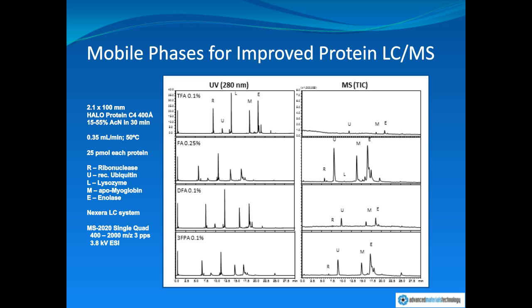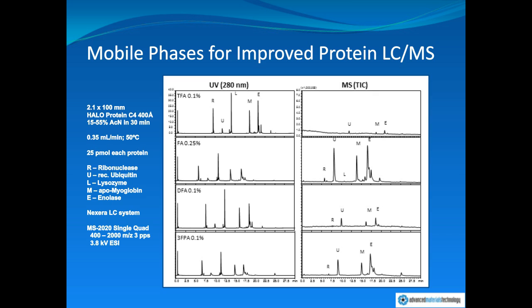But you can see also TFA really kills your signal for proteins. These two detectors were coupled in series. Difluoroacetic acid, again, quite high quality separation in terms of peak widths for each of these proteins. On the right-hand side, you can see that there is clearly some ionization suppression.